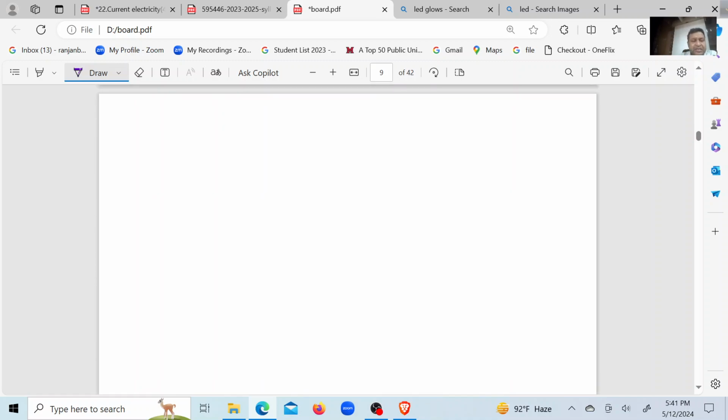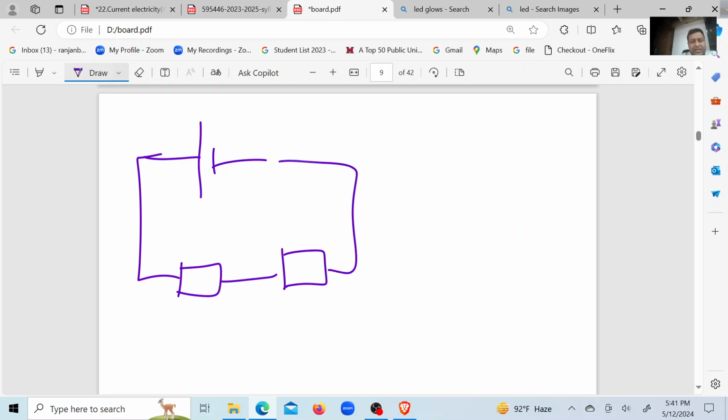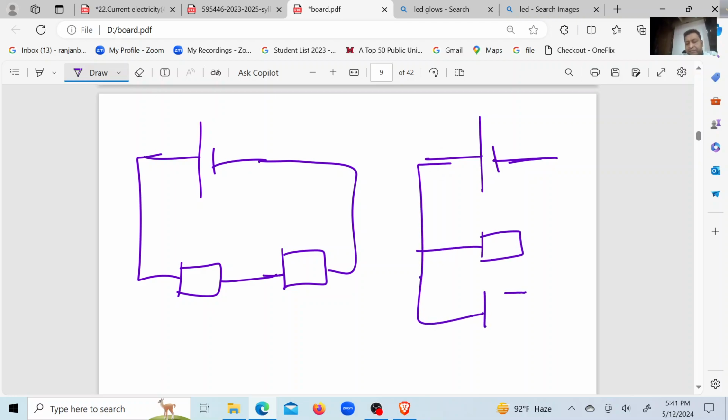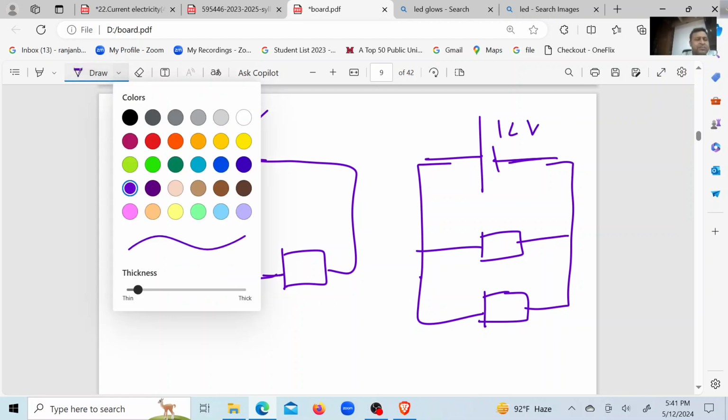Now come to the series parallel. Look, this resistor and lamp. I'm connecting two resistors. These two resistors are connected in series, and these two resistors are connected in parallel. Assume that this cell is of 2 volt, this is also of 2 volt.